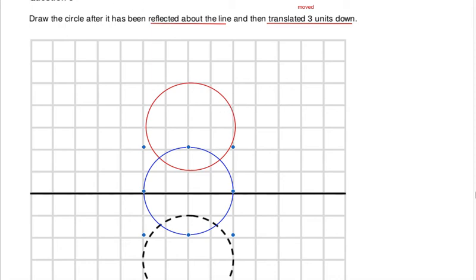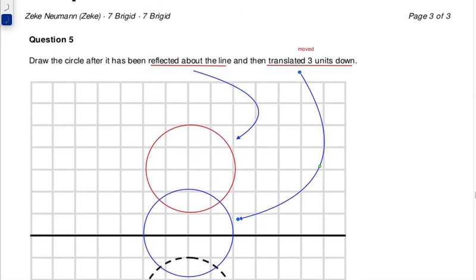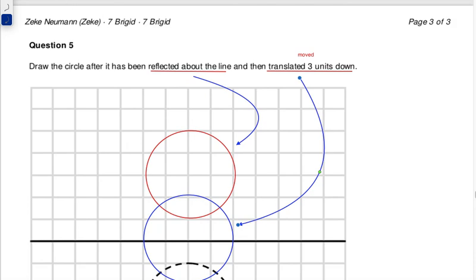This is reflected about the line, and this is now translated 3 units down. Hopefully this makes sense to you.